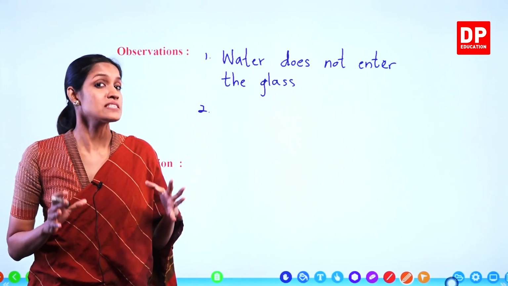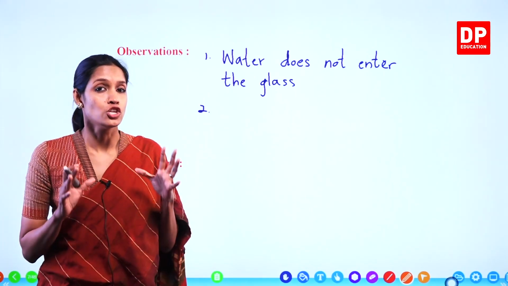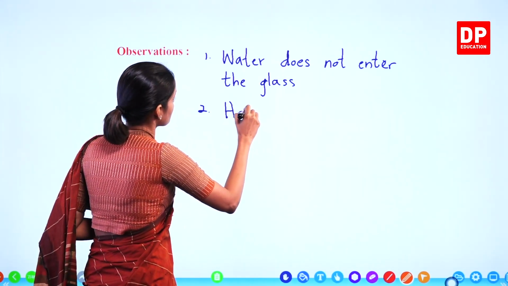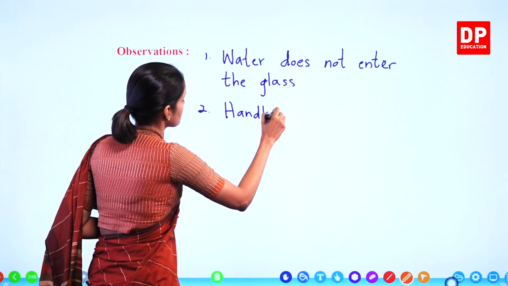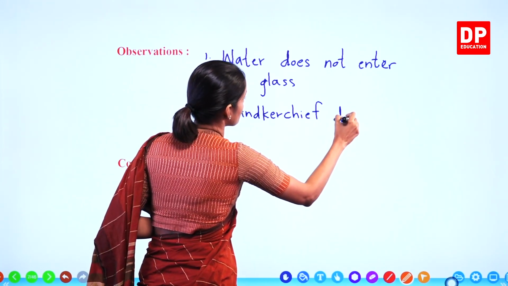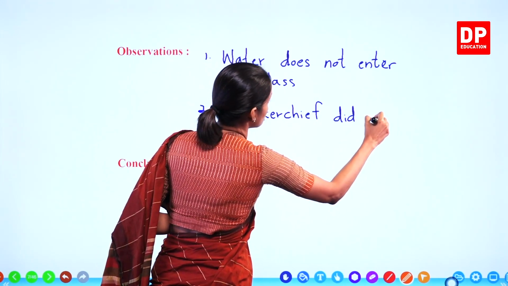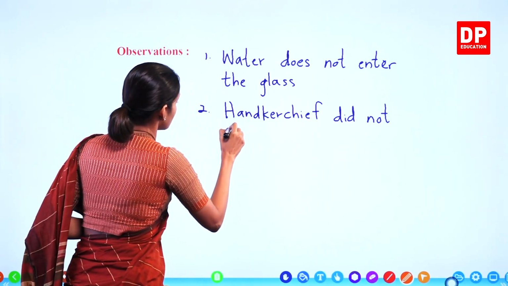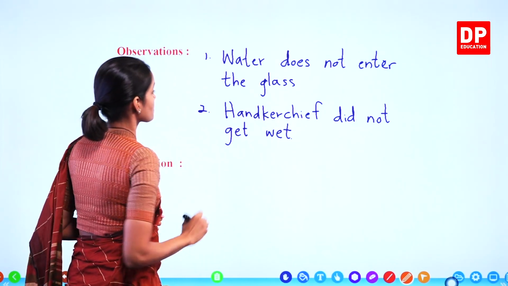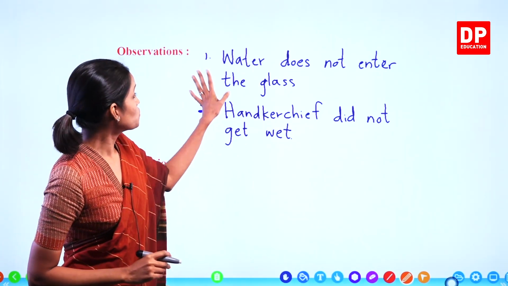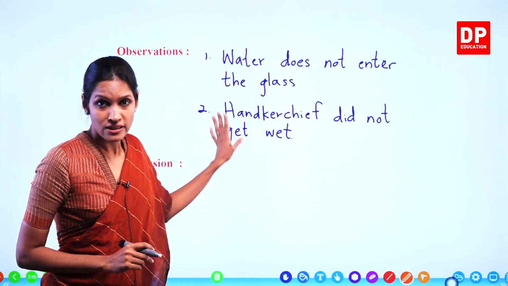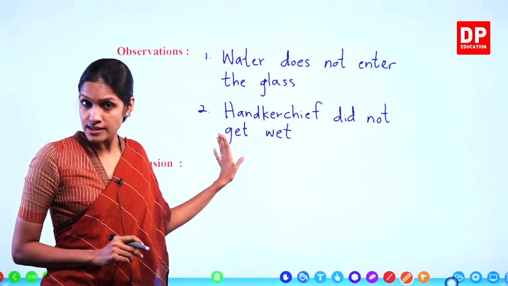That handkerchief was dry. Handkerchief did not get wet. Okay, water does not enter the glass. Handkerchief did not get wet. These were the observations. Understand?